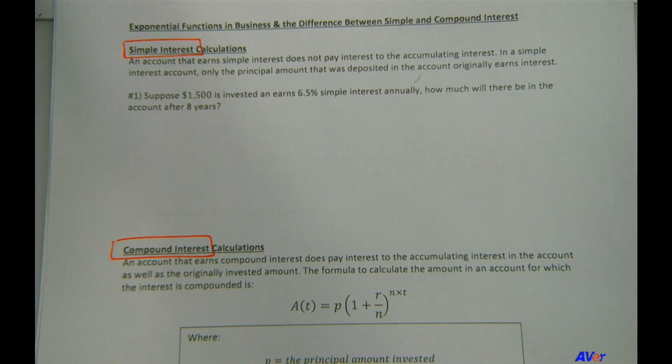If it's a simple interest rate, then for the next 30 years, only the principal of your money, only the $1,000 will earn that 50% interest. So at the end of 1 year, you will have $500 interest, right? Now your account has $1,500 in it, and if you don't touch the money, that $1,500 is there, but only the $1,000 that you originally invested is going to earn simple interest.